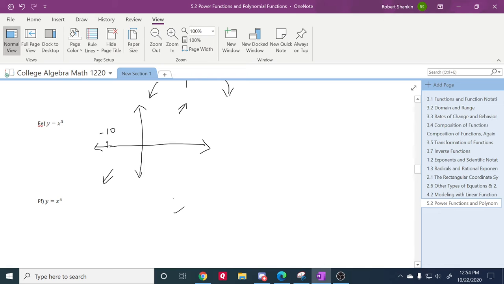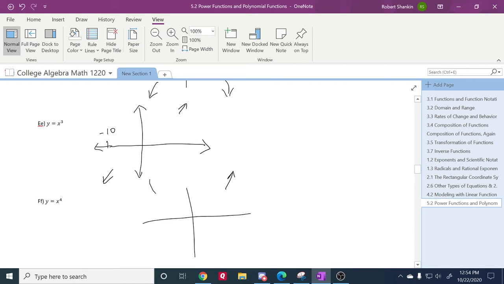Okay, and then same group, group 6, what's the end behavior for F? For F, the end behavior, both left and right, would be up.